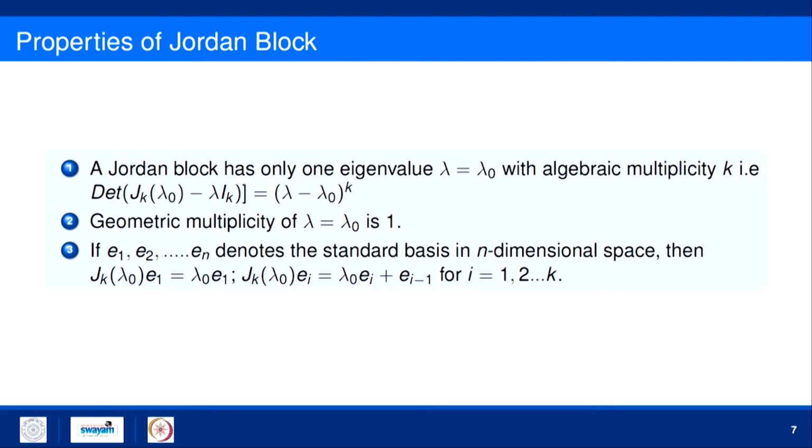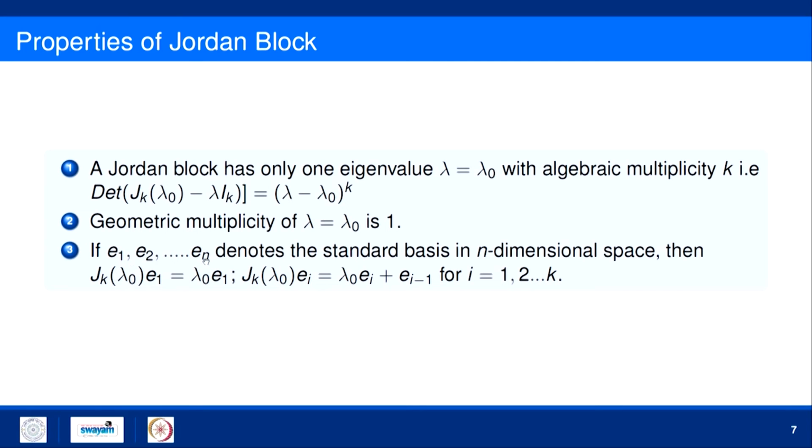Now, some important properties of a Jordan block. A Jordan block has only one eigenvalue, lambda equals lambda 0, with algebraic multiplicity k, that is the size of the Jordan block. The geometric multiplicity of lambda equals lambda 0 is 1.